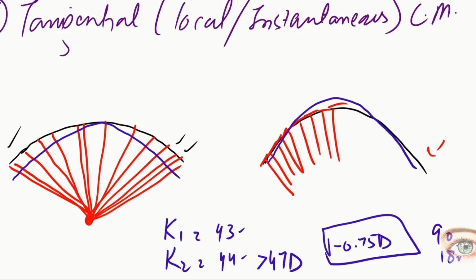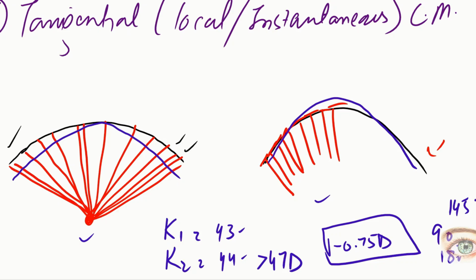But even if the power of the astigmatism is not much, if the axes are something around 145 and other than 90 or 180, this isn't a regular astigmatism. This is something called an oblique astigmatism, right?